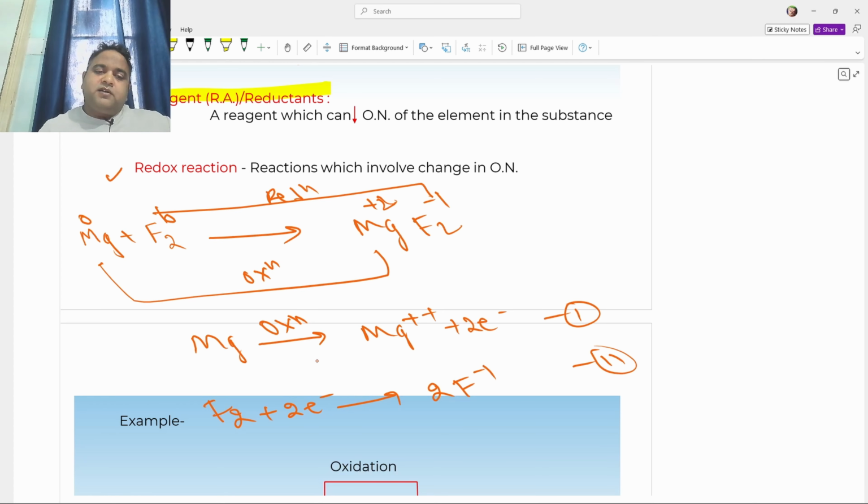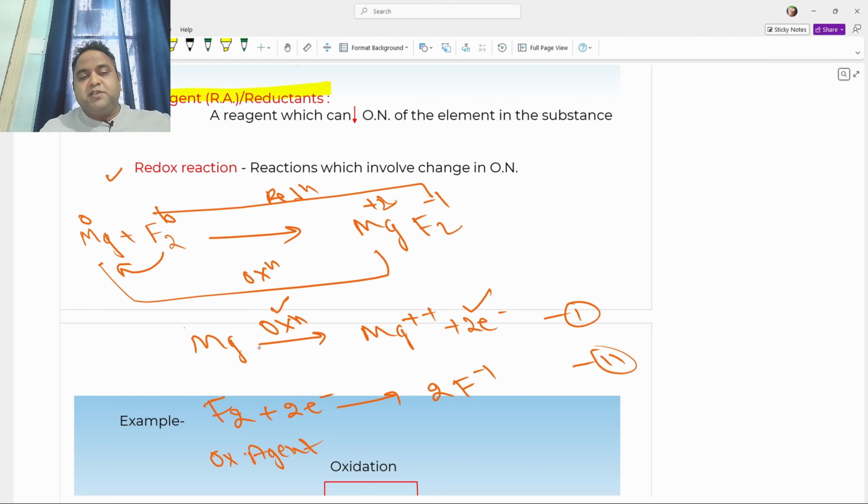Now see why the magnesium is going to lose the electron. We have to think about this a little. Fluorine is going to force magnesium: give me electron, give me electron. Got it? The fluorine is responsible for the loss of electron of magnesium. The oxidation of magnesium is because of fluorine. The fluorine is known as the oxidizing agent.